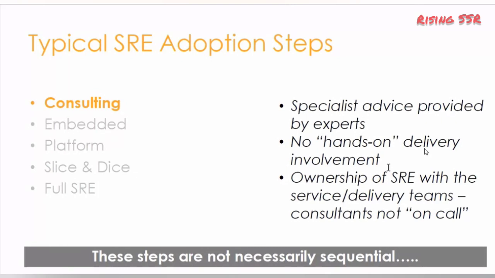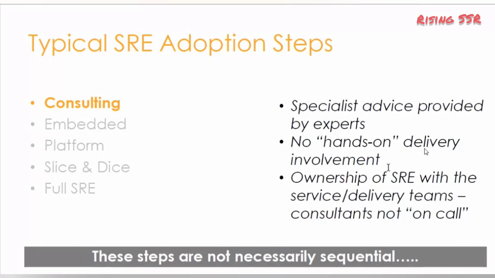But in this model, there is no hands-on involvement in delivery. There is no shared responsibility, and the consultants do not do any on-call activities. That is the very first level of SRE adoption. The next level we call embedded. In the embedded model, the SRE specialists are more involved in what the service delivery team actually does.